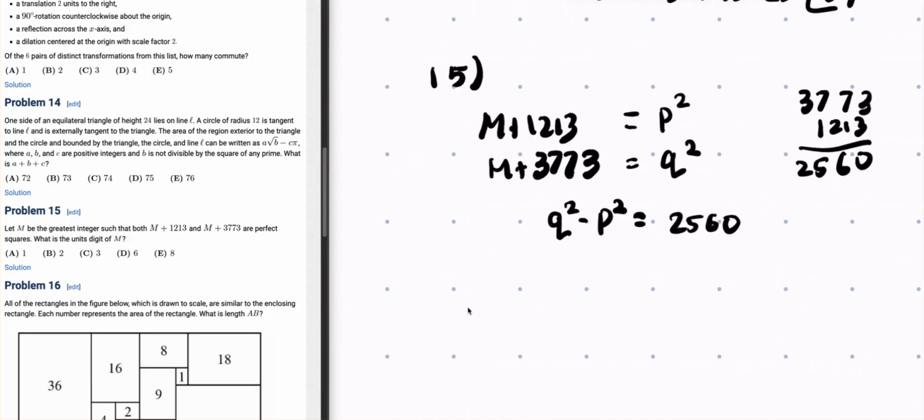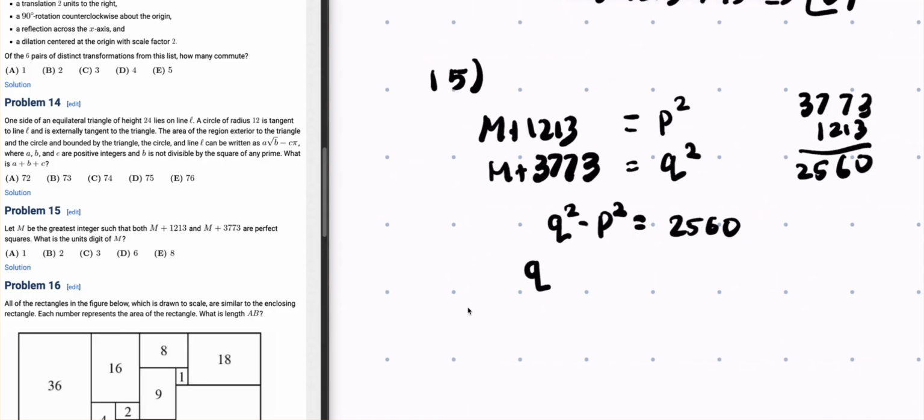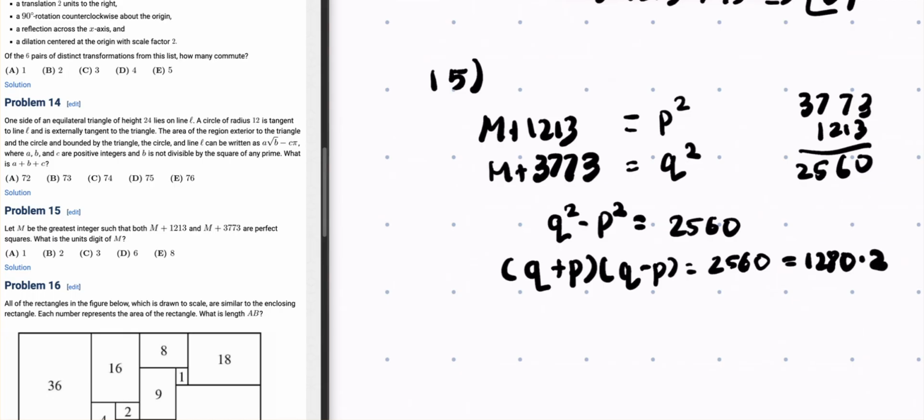So we need to maximize m, which also means maximizing q. And remember problem 7 about n squared and n squared minus 49, we can factor this again. (q plus p)(q minus p) is equal to 2560, which is also equal to 1280 times 2.